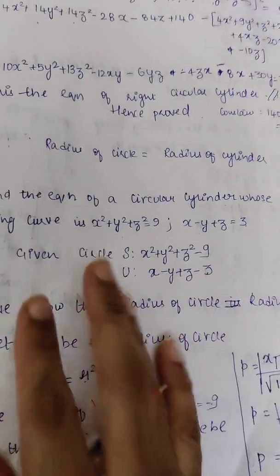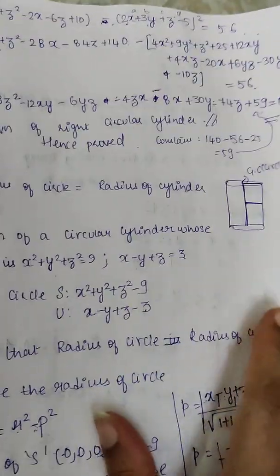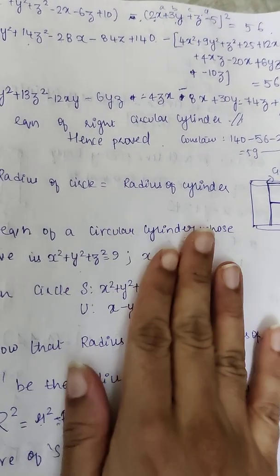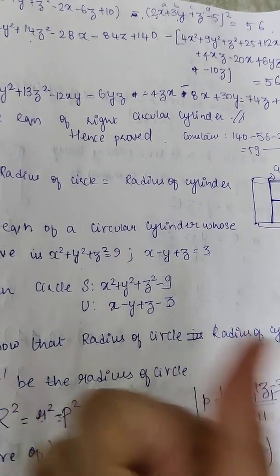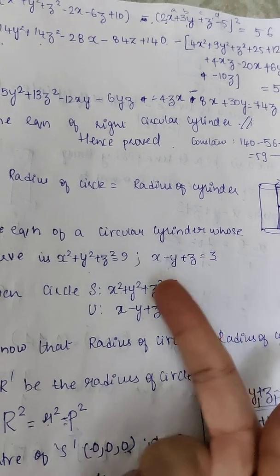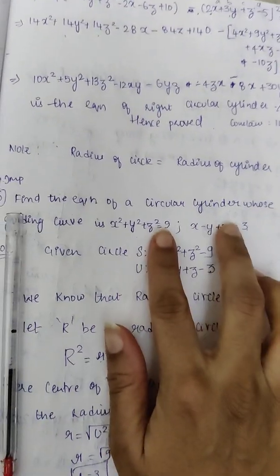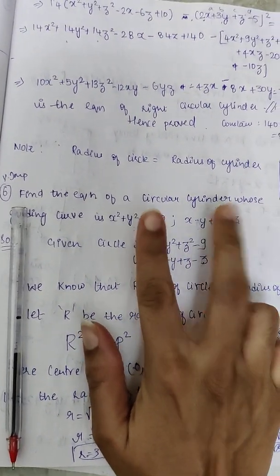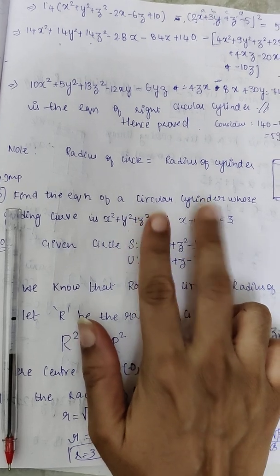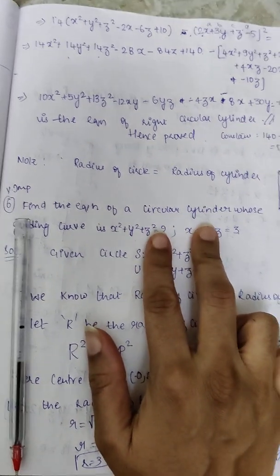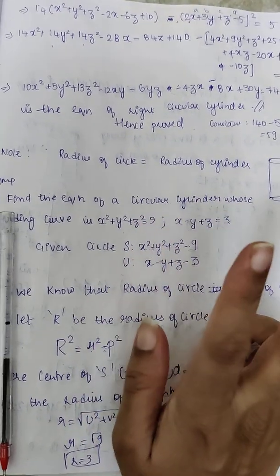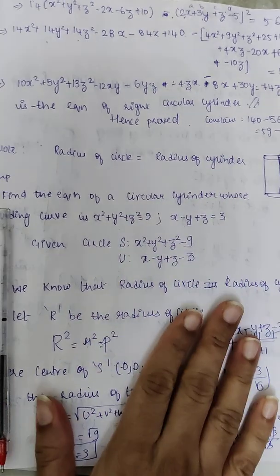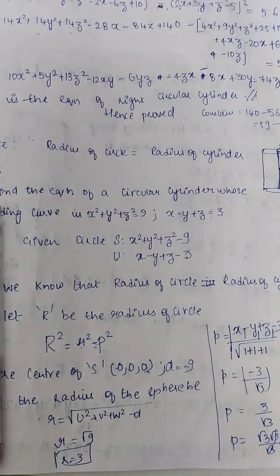Girls, I'm repeating once again a very important point. Whenever you're constructing the equation of a right circular cylinder, the radius should be mentioned and the axis should be mentioned, but instead a guiding curve is mentioned to me. So from the guiding curve, which is a circle, I will construct the radius of the circle as well as the axis.